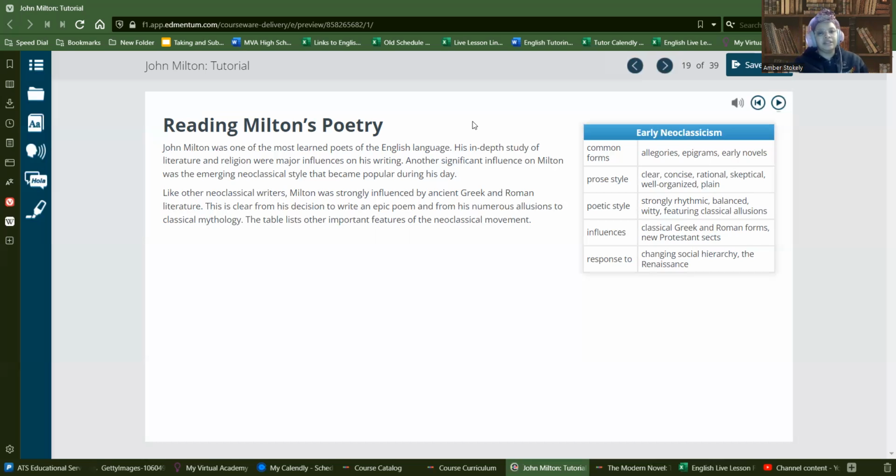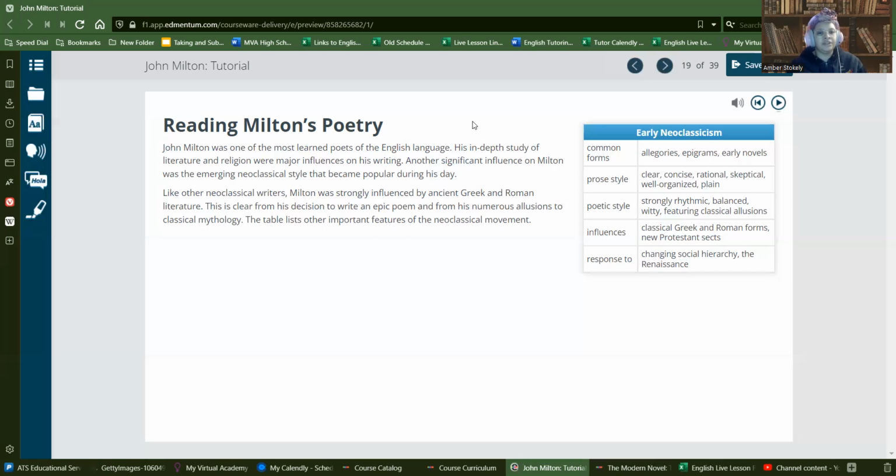Since the Protestant sects, that's what sects is short for, of the new Church of England were taking over, they were writing a lot of literature about their faith. So that influenced a lot of things at this time because it was becoming more and more popular, so popular that they were able to have a civil war about it.